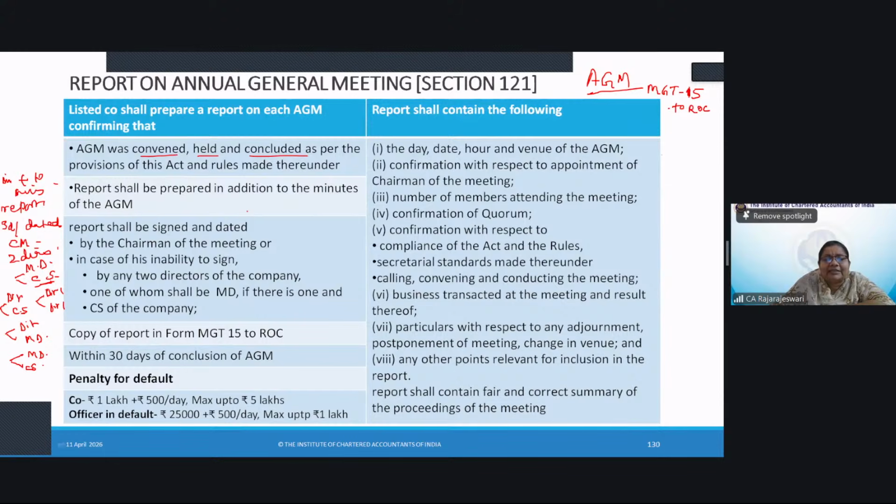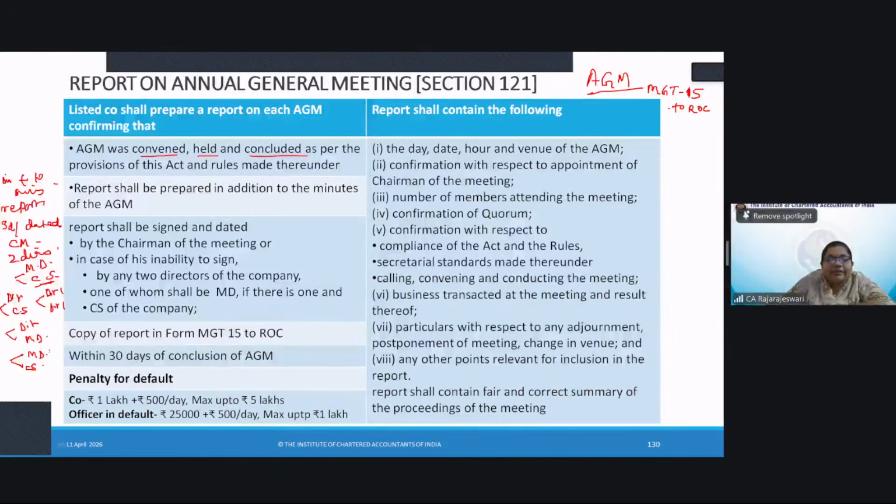The company secretary is not a director. Director is something different. The concept is that if there is a company secretary, he should also have signed it.